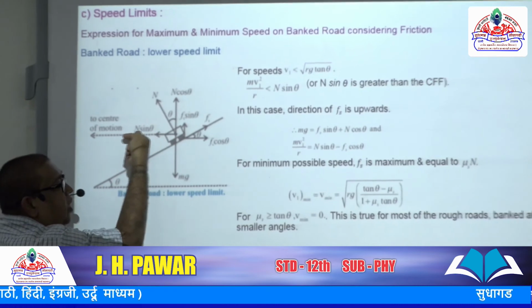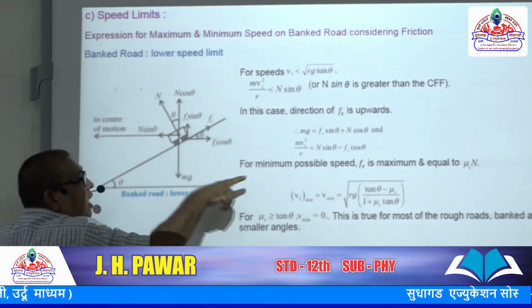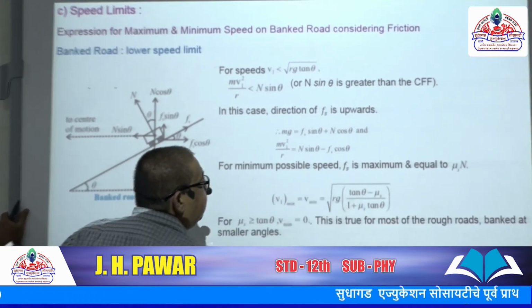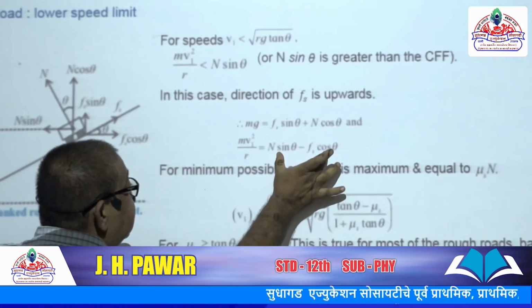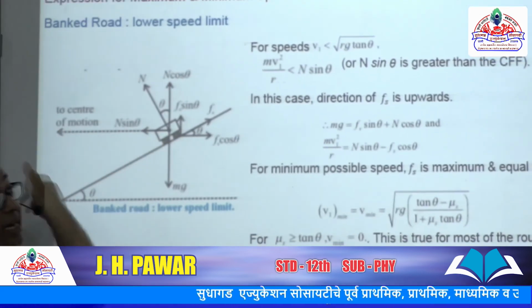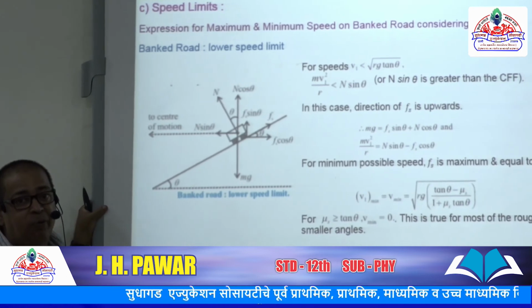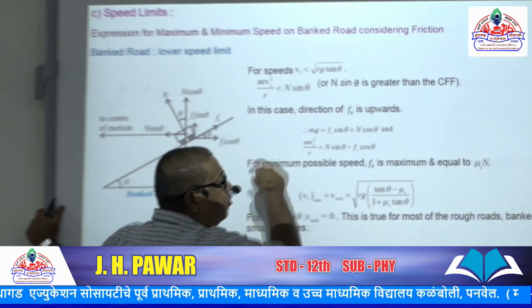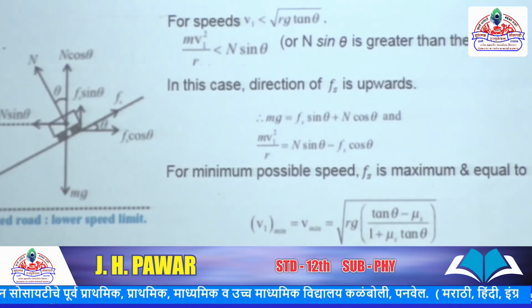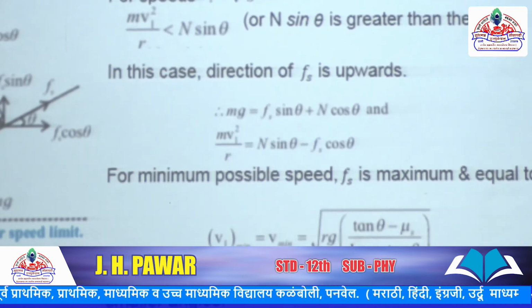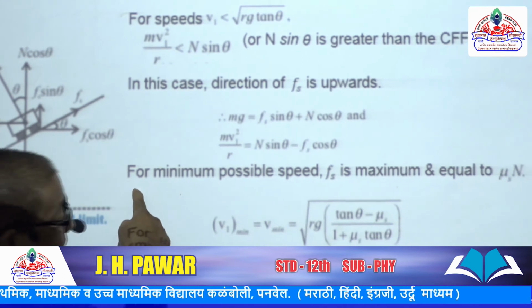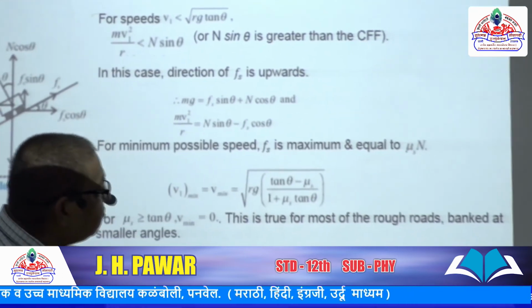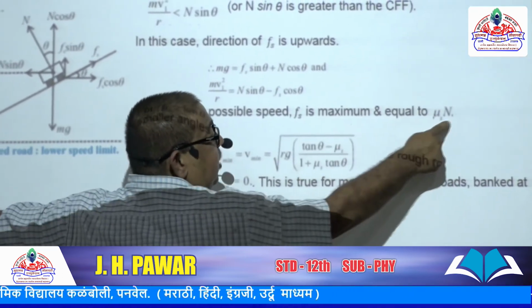One is toward the center, the other is away from the center. If we take the subtraction of them, we get a resultant, and this resultant is toward the center of the circle. The force acting toward the center of the circle is the centripetal force. Now, for the minimum possible speed, Fs is maximum and equal to mu s times N.